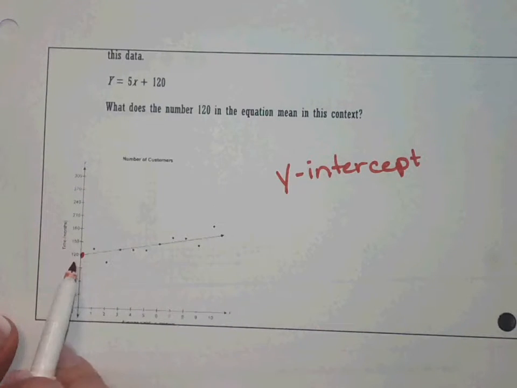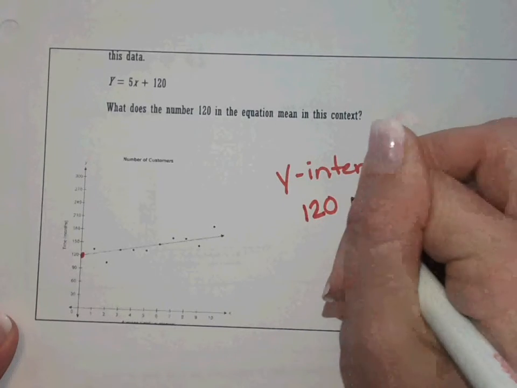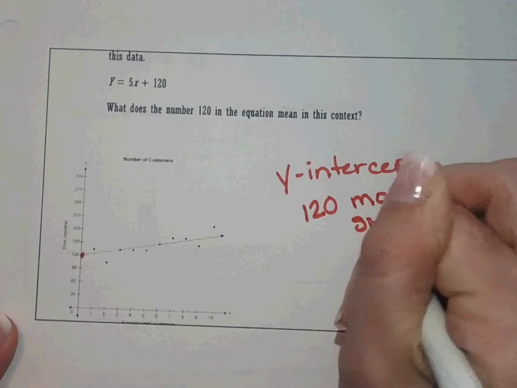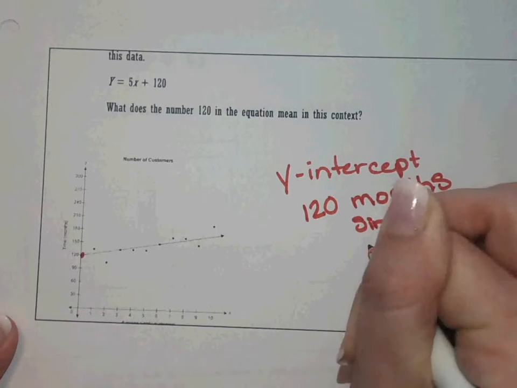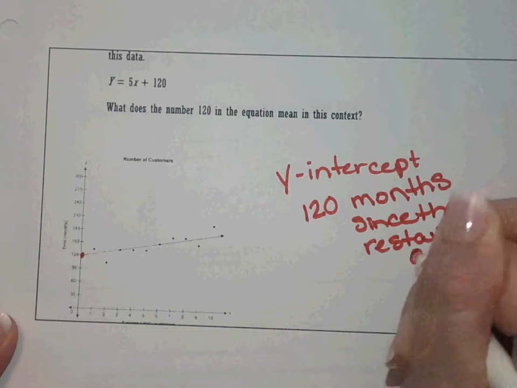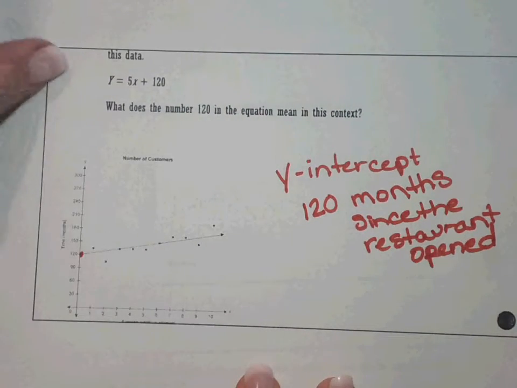And then this 120, that should be 120 months since the restaurant opened. So we found the 120 here, that y-intercept.